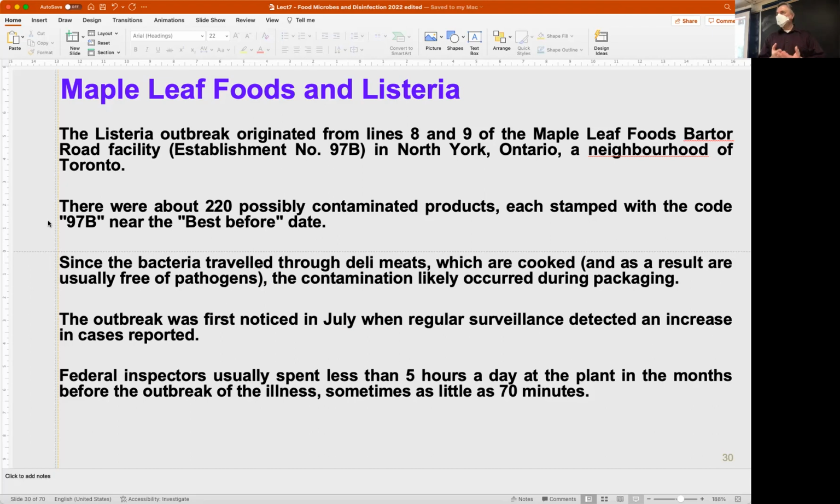And the bacteria are in the deli meats. Usually deli meats are cooked and they don't have pathogens, but they think that the contamination happened during the packaging of the meats.